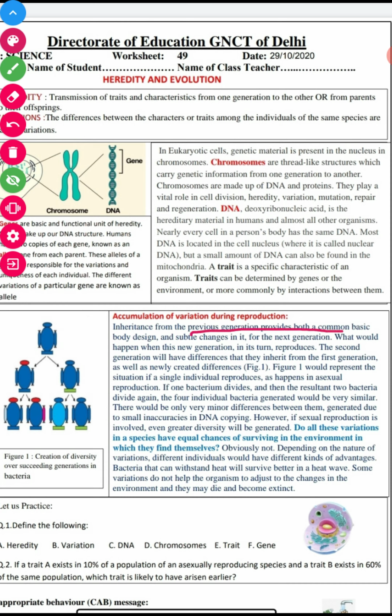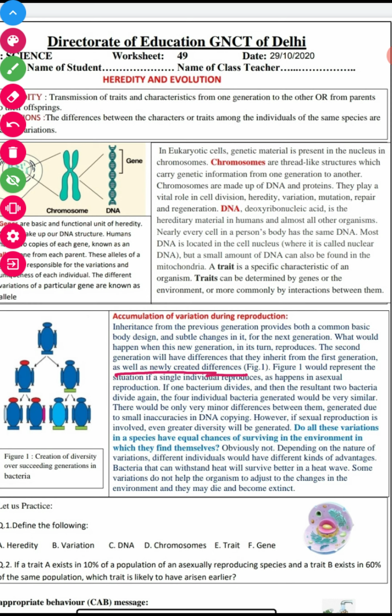So the basic common structure is the same, and there are subtle, little changes for the next generation. What would happen when this new generation forms in its turn or reproduces? The second generation will have differences that they inherit from the first generation, as well as newly created differences.